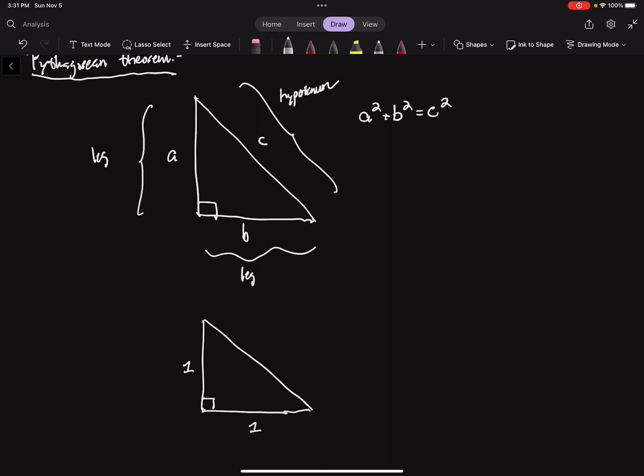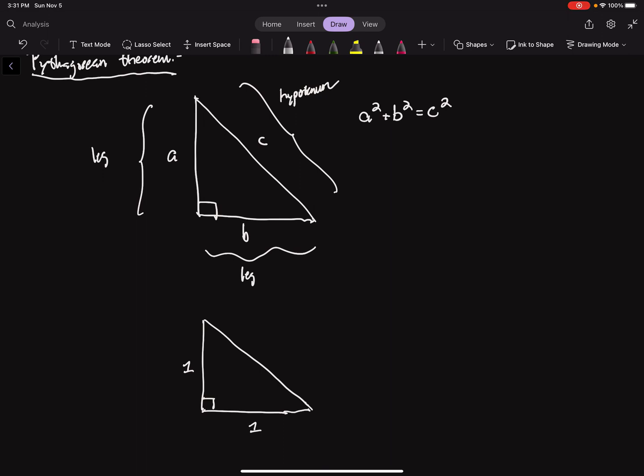Okay, this seems like a very reasonable thing to do, right? Like you've measured out a length of 1 with your ruler, and you've done that twice, and you've drawn these things at 90 degrees to each other, and we draw a hypotenuse, right? Okay, so this seems like it exists geometrically, and what should this length of this hypotenuse be?